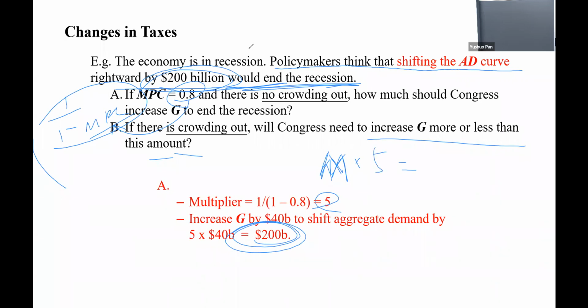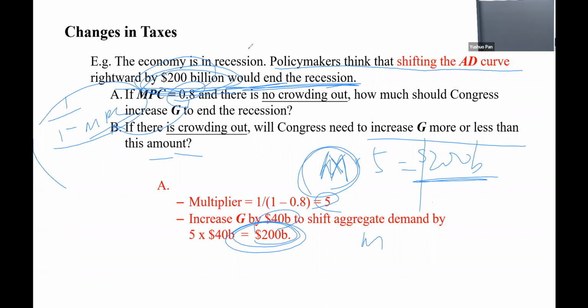And the final result should increase by $200 billion to end this recession. And how much money should the government spend? What should G equal to end this recession? So M equals $40 billion.